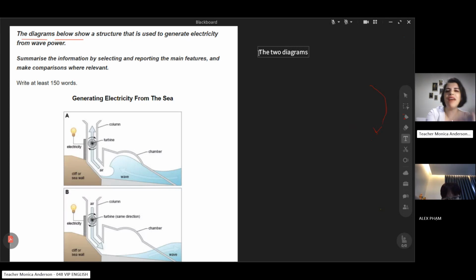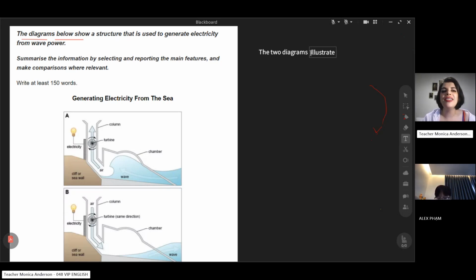Yeah, because we have the diagrams below, I don't want to repeat them, so I say the two diagrams. The verb is show. What other verb can I use? Presenting or something. Yeah, present is okay, but for show it's better to say illustrate. So illustrate means show.